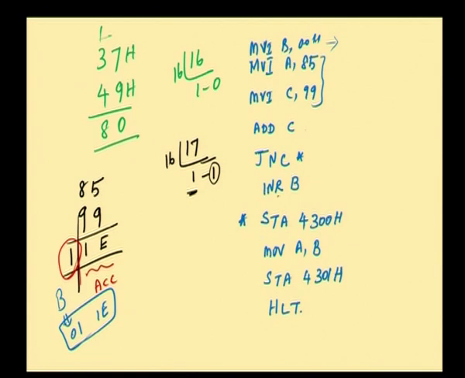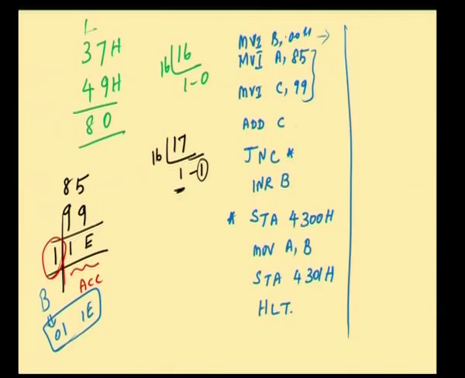If carry occurred, then the B register is increased by 1, then that increased value is moved to the accumulator and stored, because we cannot store the B register directly to 4301. Only via the accumulator can we store or access the memory, that is why I have moved it to the accumulator and stored it. This same program is also suitable for the previous example, but that program is not suitable for this example.